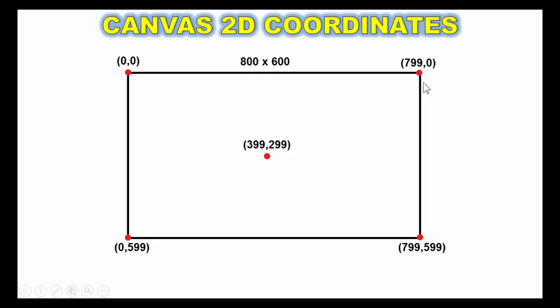The right top corner is at coordinate x-axis 799, y-axis 0. The left bottom corner is at coordinate x-axis 0, y-axis 599, while the right bottom corner is at coordinate x-axis 799, y-axis 599.